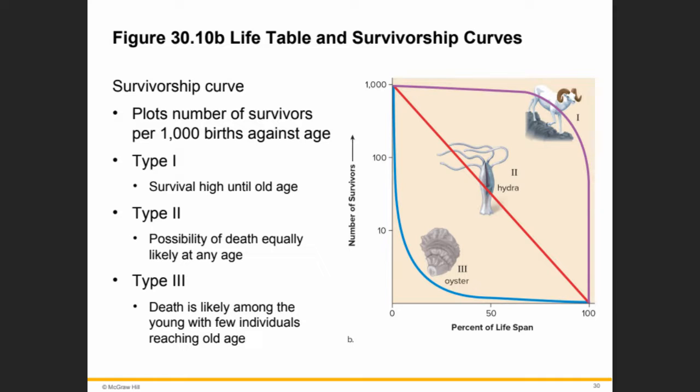Type 1 survival is where the survival rate is higher, but they die at old age.